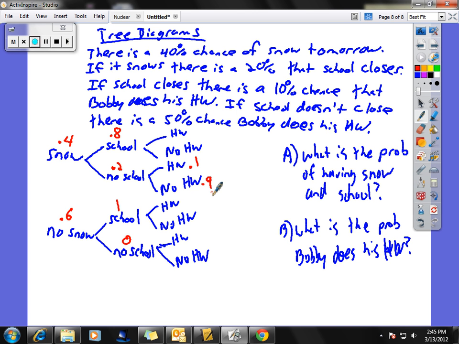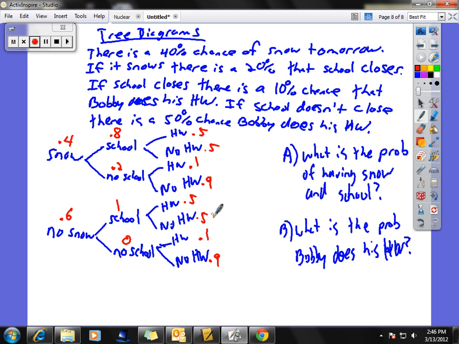It's not going to matter because that's 0, but I'm still going to put the numbers in here, 0.1 and 0.9. Alright? If there is school, then there's 50% chance, 0.5. So where we have the school here on top, homework is 0.5 and no homework is 0.5. And where we have school down here, we're going to have a 0.5 and a 0.5 here. Okay? So now that all the numbers are in there, the questions are a lot easier to answer.